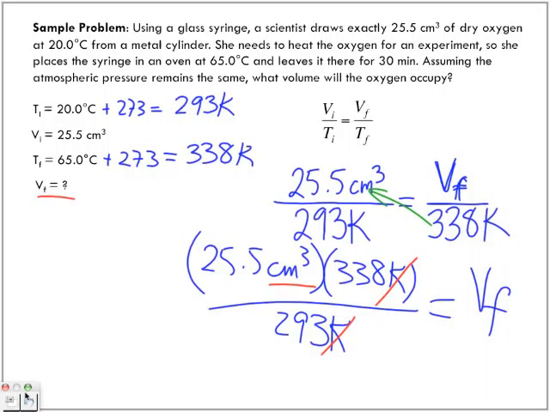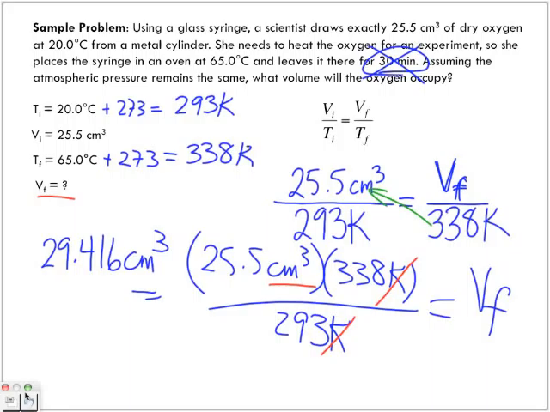So when we multiply our numerators together and divide it by our denominator, we eventually get 29.416 centimeters cubed. What are the least number of significant digits in my question? 3. This 30 minutes was in the question, but had nothing to do with the question.